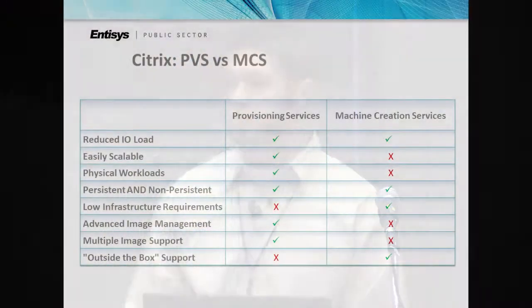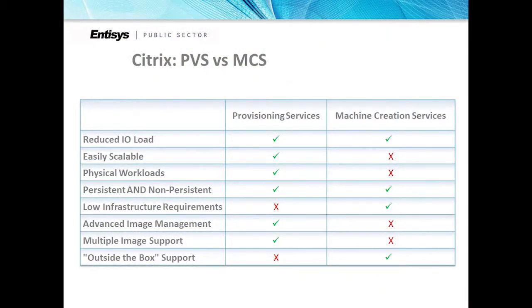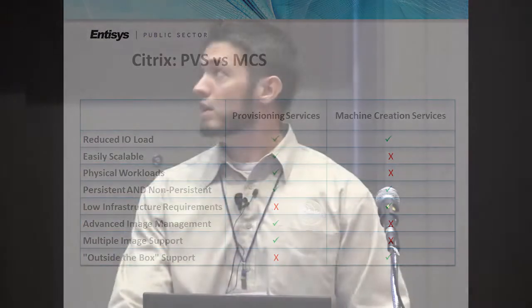Moving on to the 2 methods through Citrix. First, the machine creation services. So this is going to be something that's very similar to VMware's linked clones, in that it deploys from a base disk using a master VM.